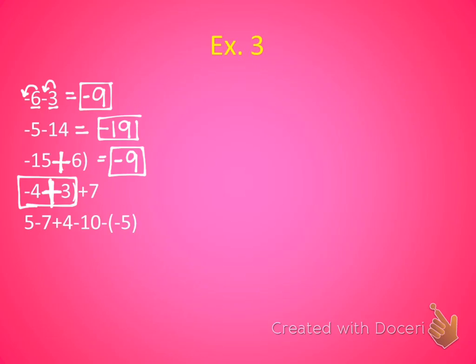So I do 4 minus 3, which is 1. Take the sign of my biggest number, which is negative. And then I do negative 1 plus 7. Same signs or different signs? Different. So I subtract. 7 minus 1 is 6. Take the sign of my largest number, which is a positive. So my answer is positive 6.